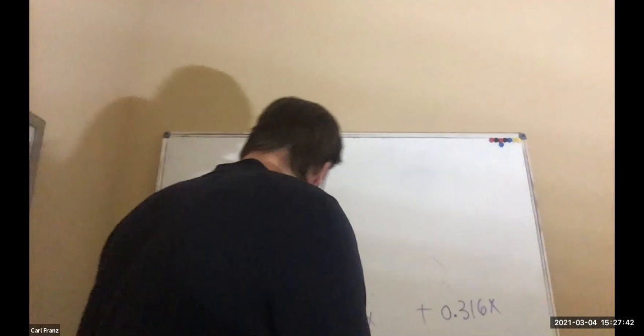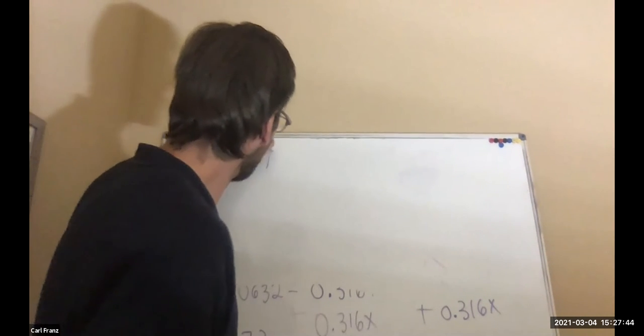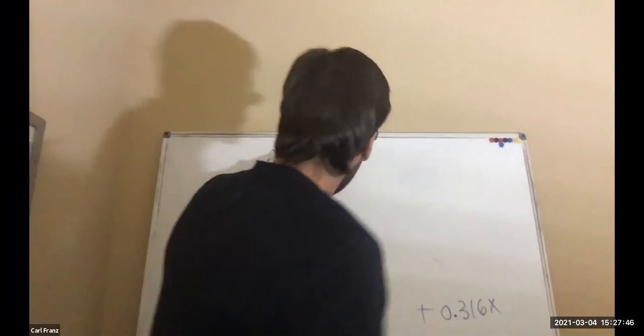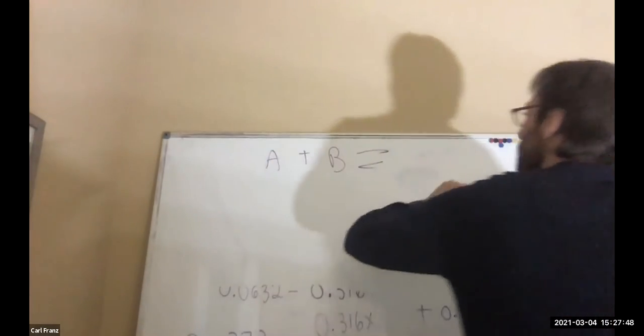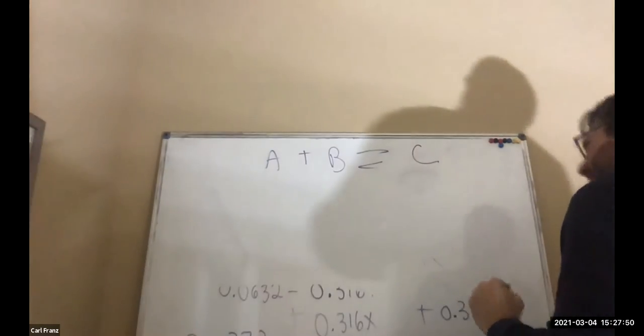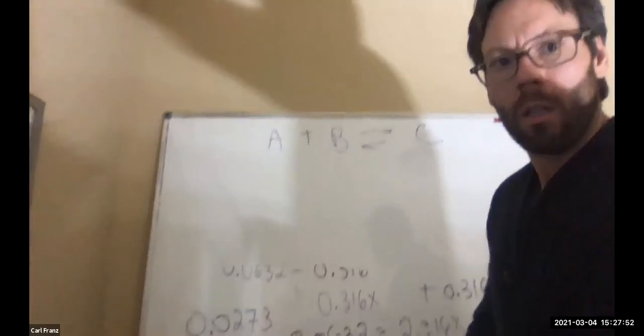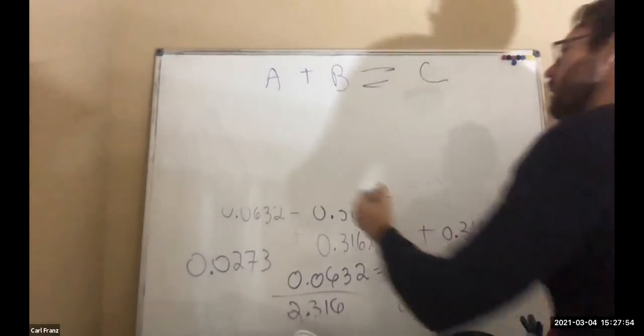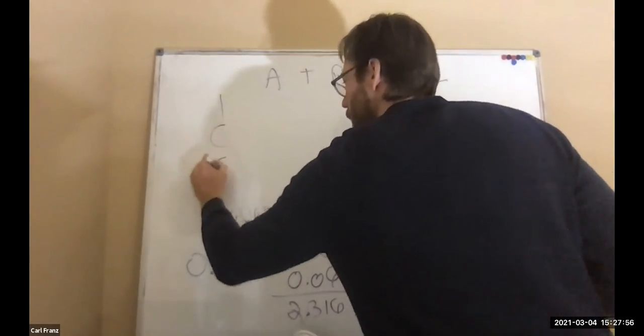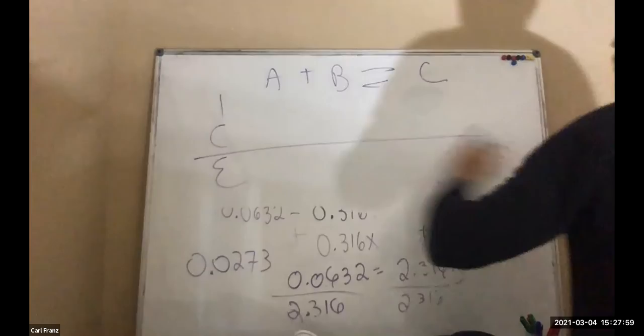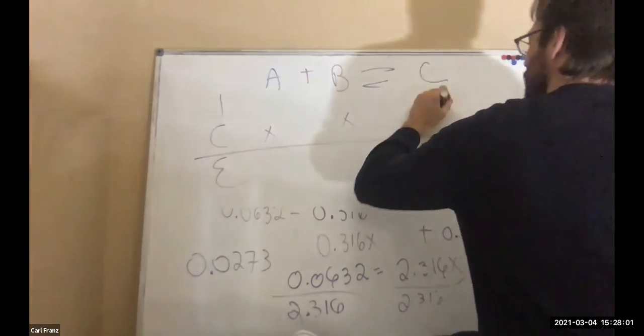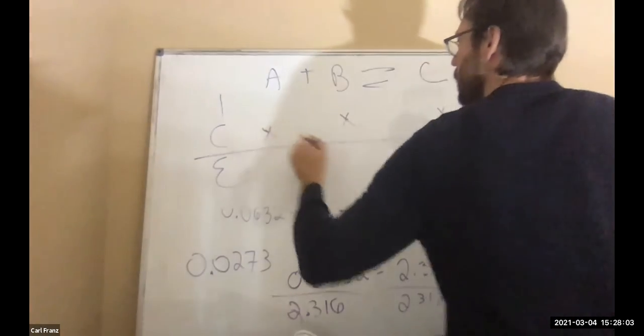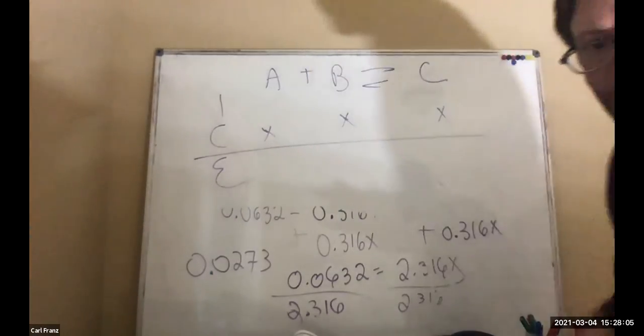Okay. So for our ICE table, we've got x, x, and x. And we want to know where the change is happening.